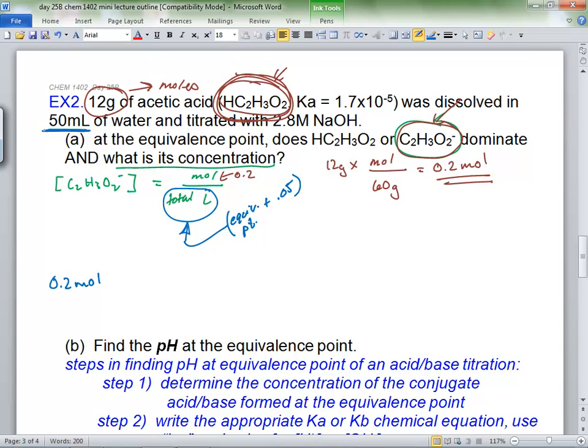Okay, so we have 0.2 moles of this acetate stuff, or acetic acid, C2H3O2. It really doesn't matter which one you write, because all these reactions, all these mole bridges are what ratios?